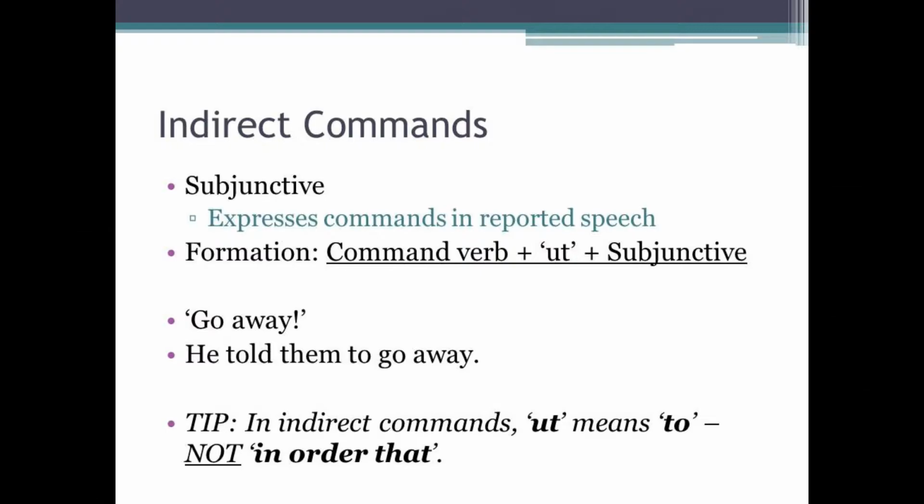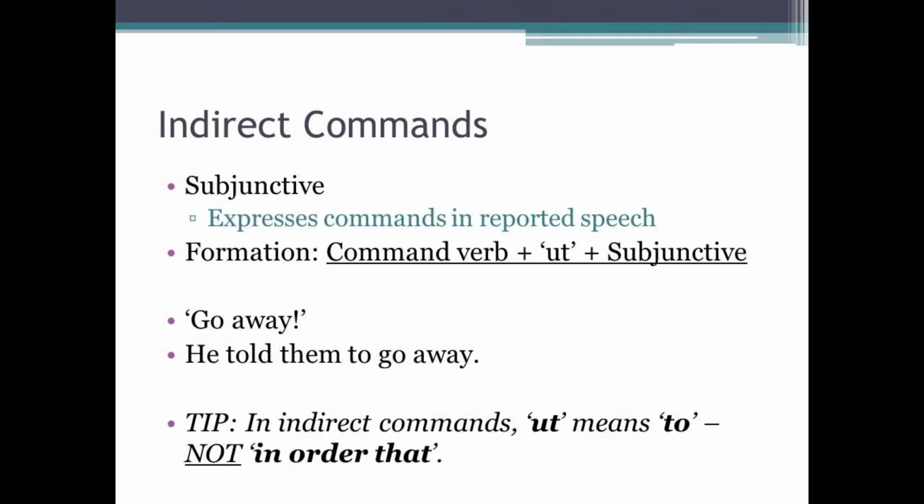So now let's have a look at indirect commands. Latin uses the subjunctive to express a command in reported speech. An indirect command is formed with a command verb, ut, and a subjunctive.